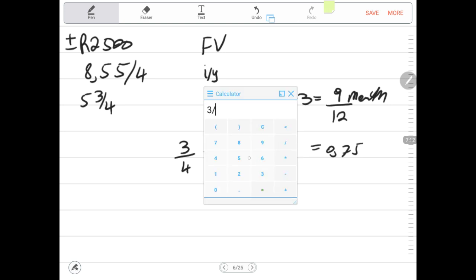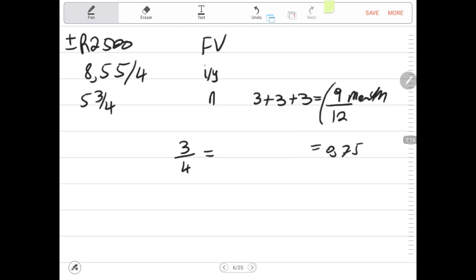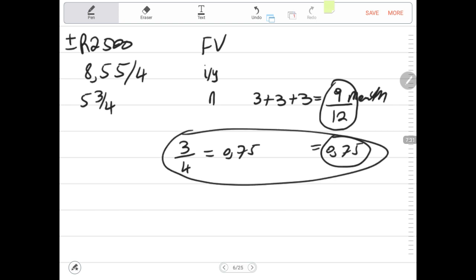So 9 months out of 12 months is 0.75, which is 75% of a year. And also 3 quarters is again 75% of a year, 0.75. So this means the same thing in simple terms.